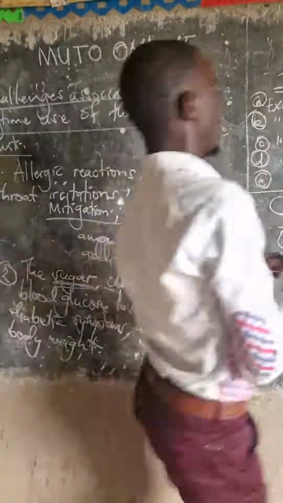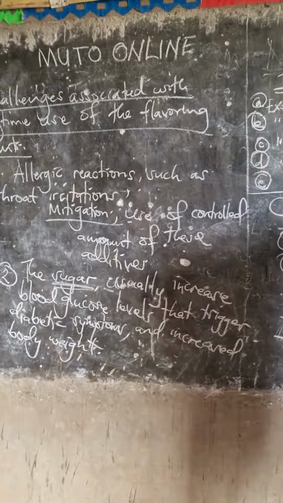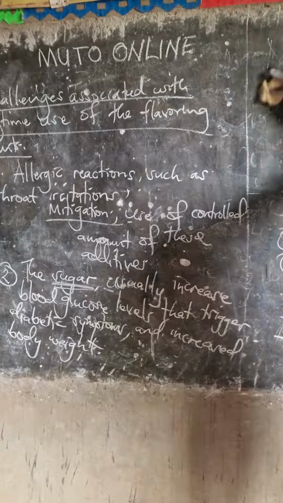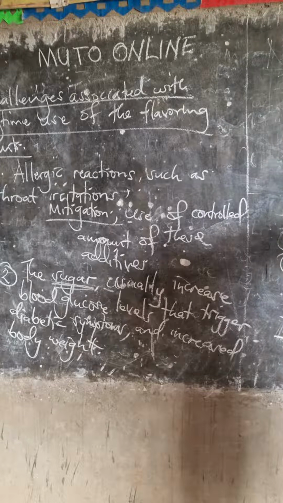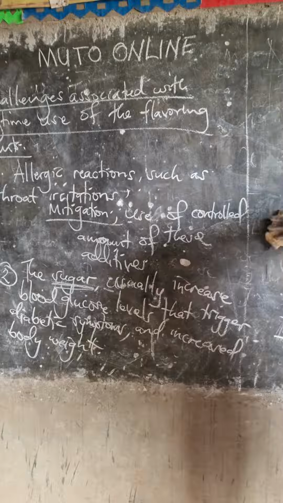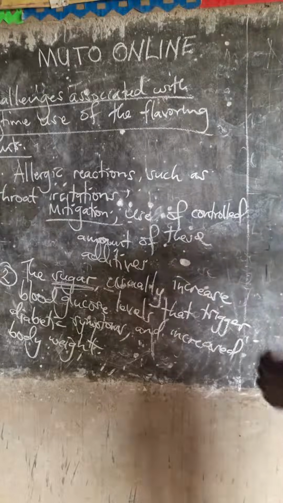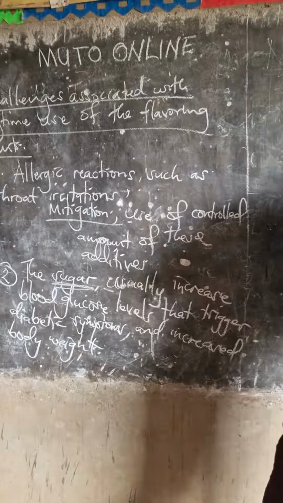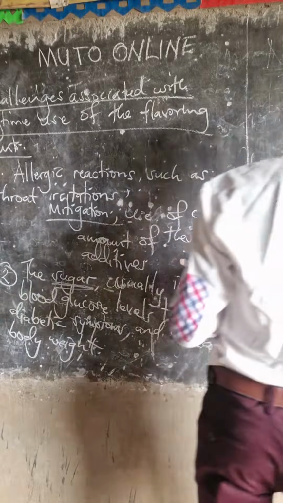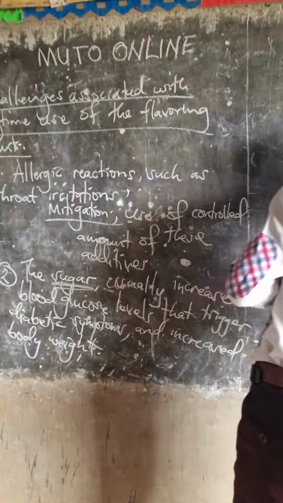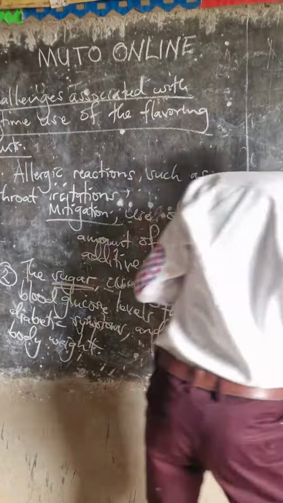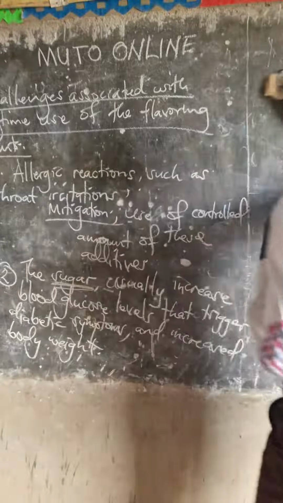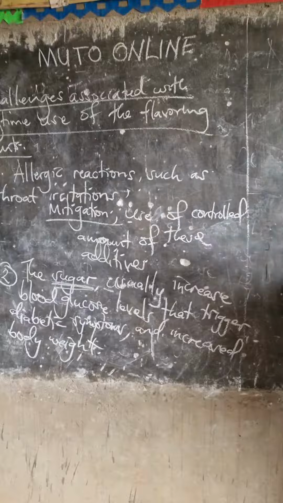To move on, I think that's all about flavoring agents. We say the flavoring agents enhance and improve taste. They do so by forming bonds with the food molecules, interacting with the food molecules and releasing or improving the overall taste and aroma.